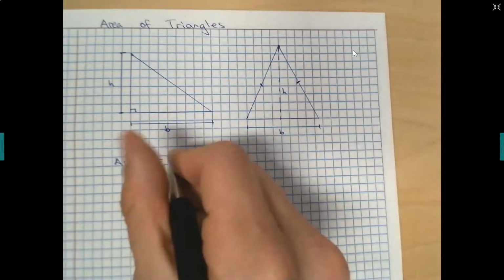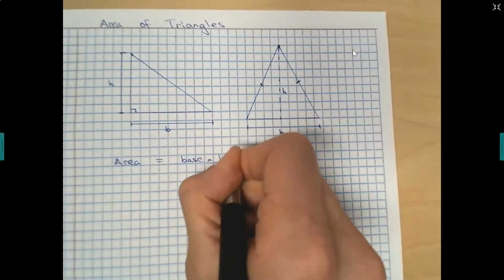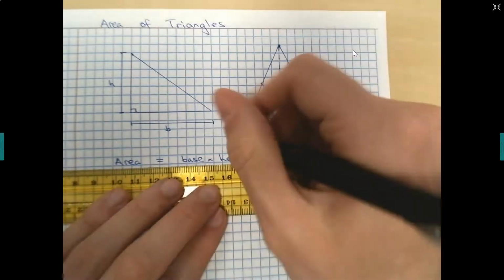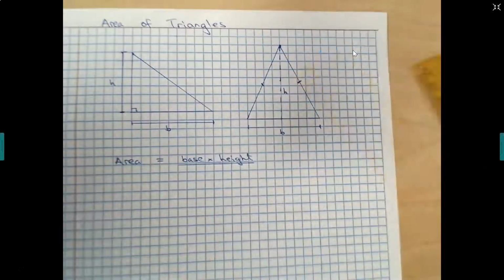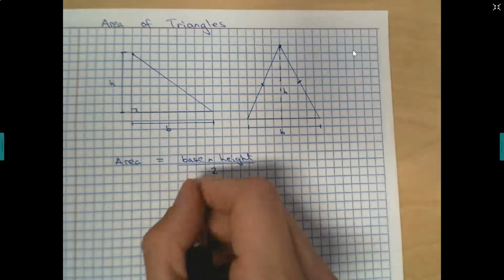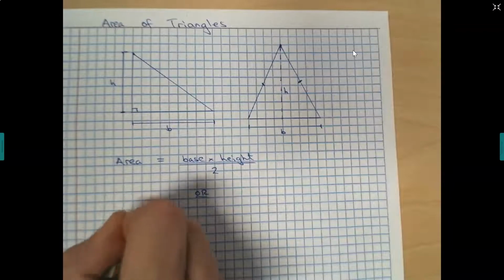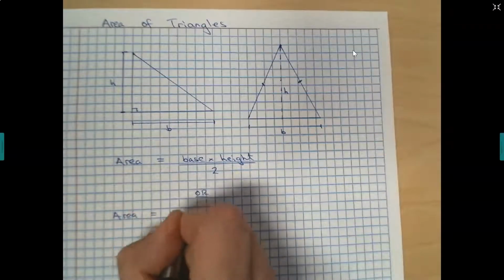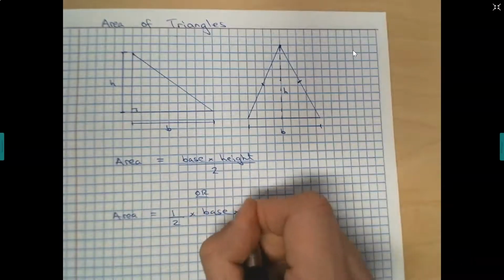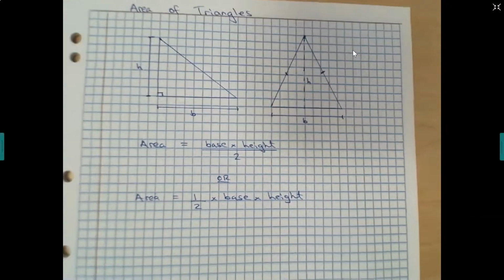Alright, so it's base times height divided by 2. Or sometimes you'll see it written as area is equal to half times base times height. They are exactly the same.